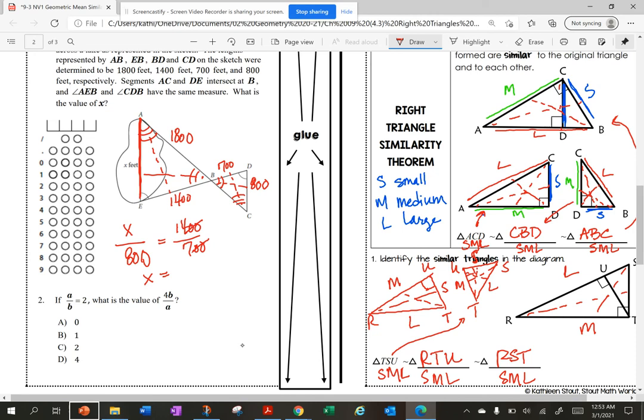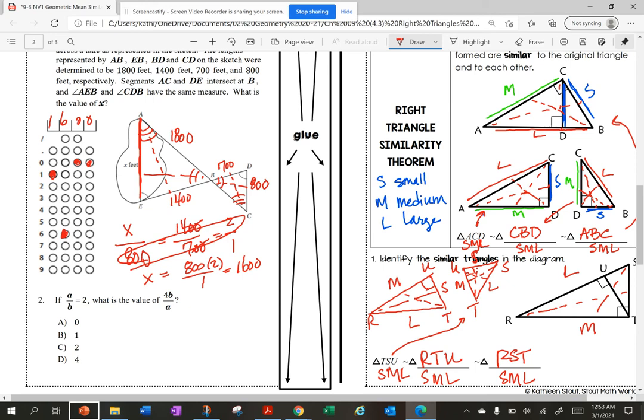So 14 divided by 7 is 2 over 1. So another way of looking at this is 800 times 2 divided by 1. So this is 1600. So I need to grid this as 1600.